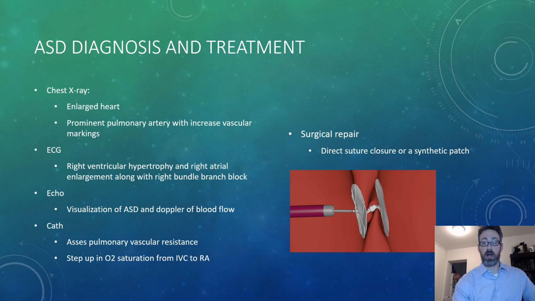Depending on the severity of the defect, you can have surgical repair, where you can directly suture it closed, or you can use what you can see in this image, a synthetic patch that can be put in place to block off the communication between the two atria. But about 25% of patients can have atrial septal defects go unnoticed until adulthood. So it can be very chronic and insidious.